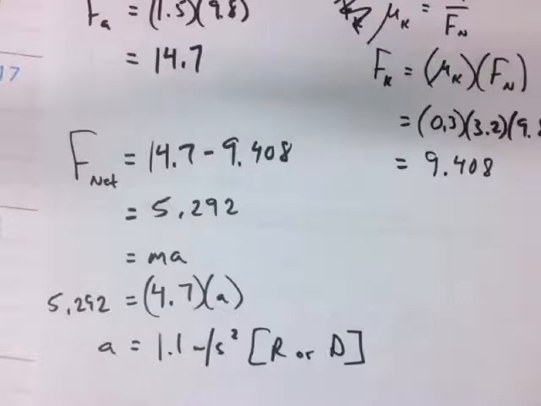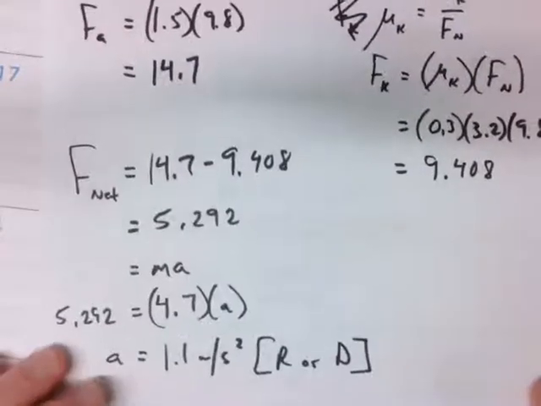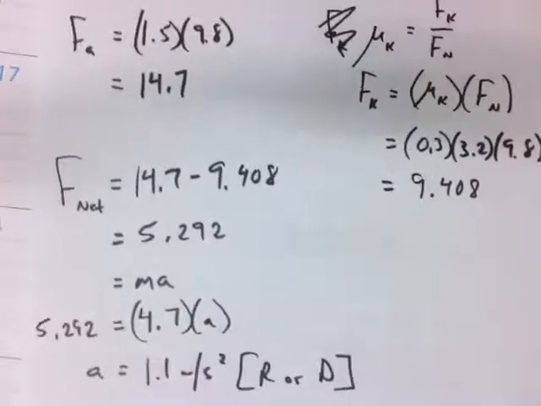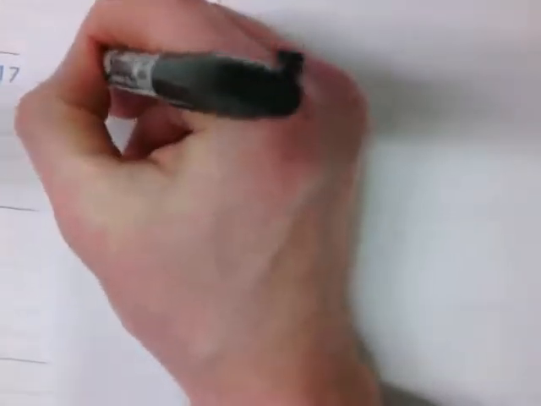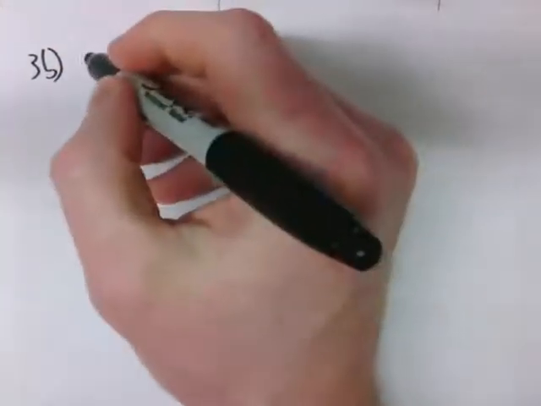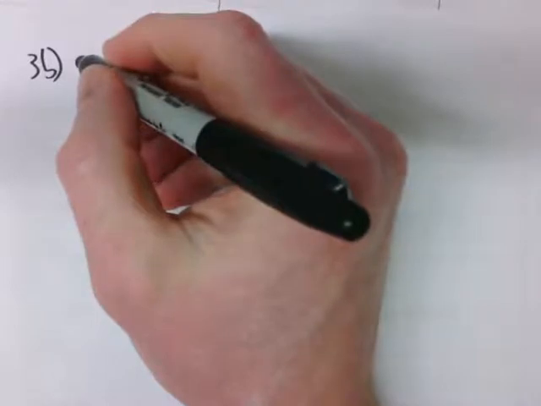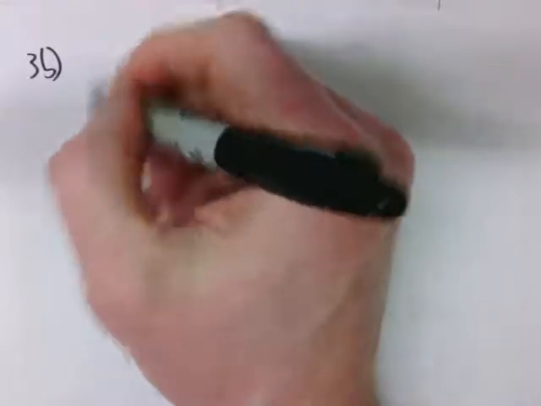3B says determine the magnitude of the tension in the string. I don't need much space for this, I don't think. So 3B. Determine the magnitude of the tension in the string. Oh, I need that other paper, actually. So the force of that, of the mass just going down.